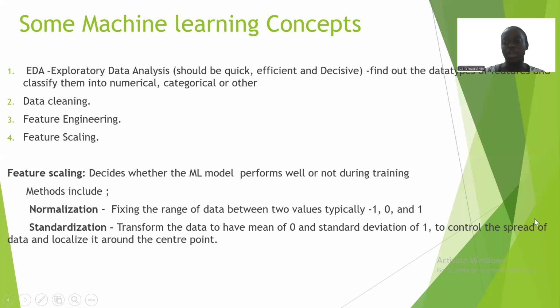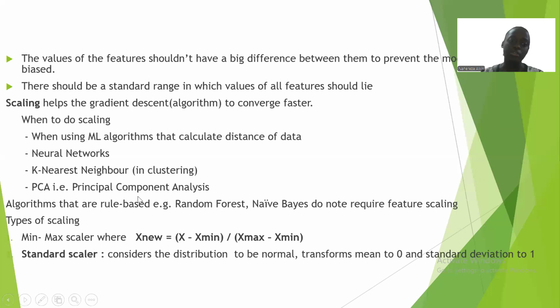So let me show you quickly how you can perform normalization. We have a formula here. This one is the min-max scaler. To find a new normalized value, you get a value from the data, you subtract the minimum value from it, and divide by x max, the maximum value, minus the minimum. So the new value you get should be between 0 and 1.